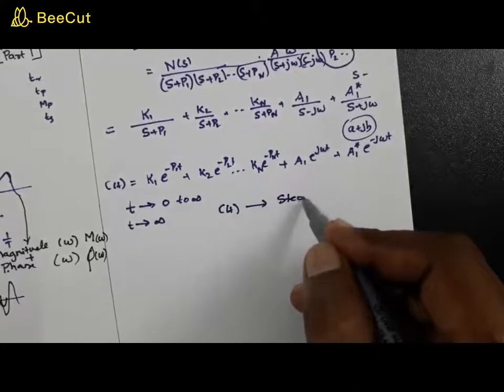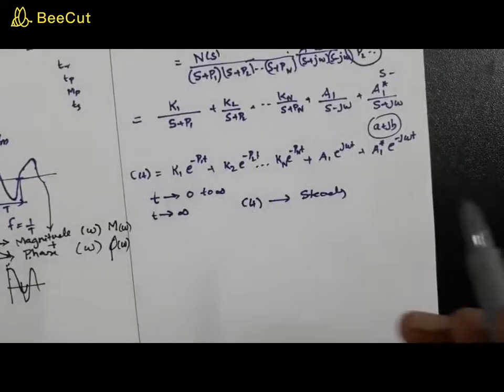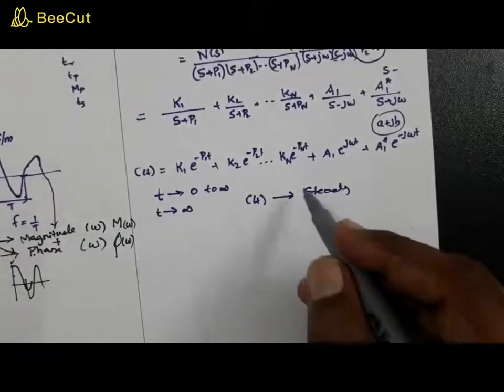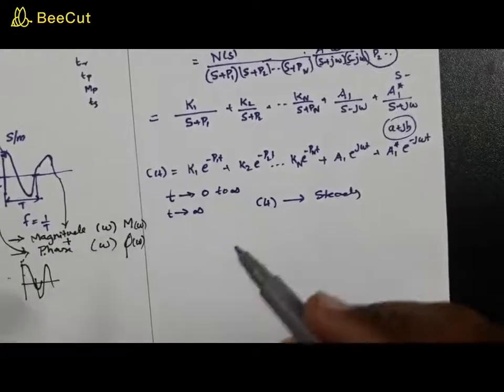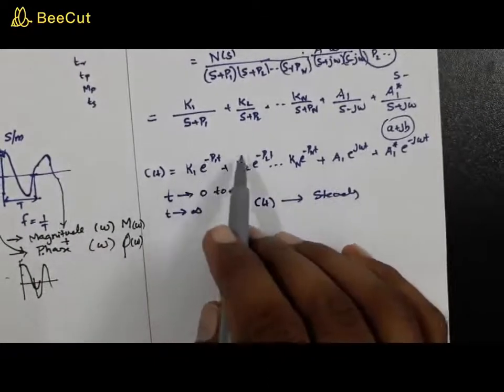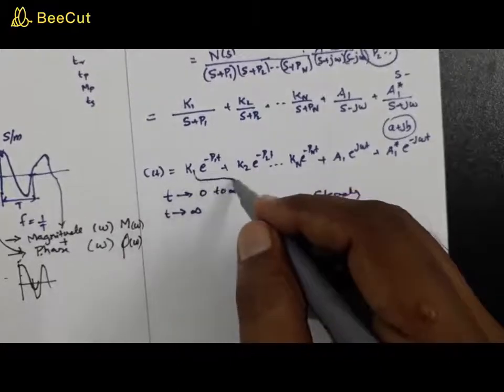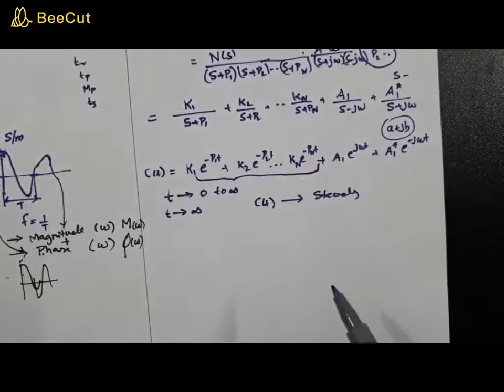So this system will also have a transient state and a steady state. If t becomes much higher, what happens to these exponential signals? Since the powers are negative, as t increases, all these exponential parts reduce to almost 0.